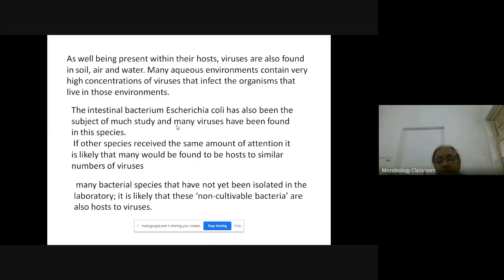All these aspects yet remain unstudied. So whatever has been studied is just the tip of the iceberg. And you younger generations have much more to discover.